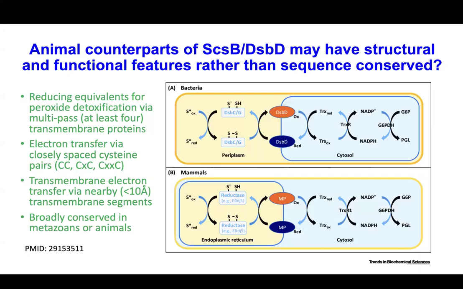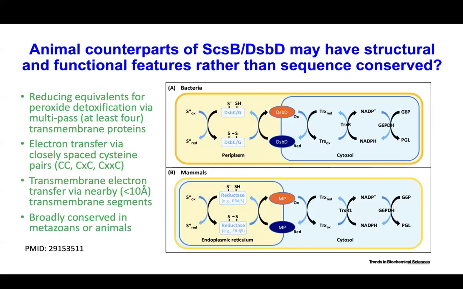Based on the biochemistry of the DSBD protein, we basically read every single paper about DSBD in the literature, published almost 30 to 40 years ago, and they show several crucial features of this kind of protein. The family members are at least four-pass transmembrane proteins, and they carry out electron transfer through closely spaced cysteine pairs across the membrane.